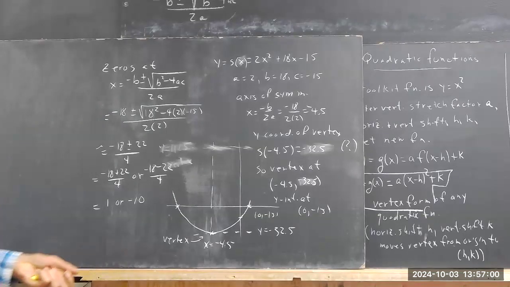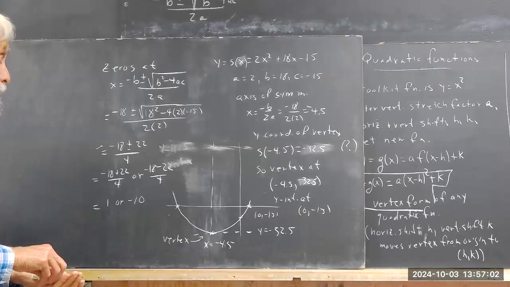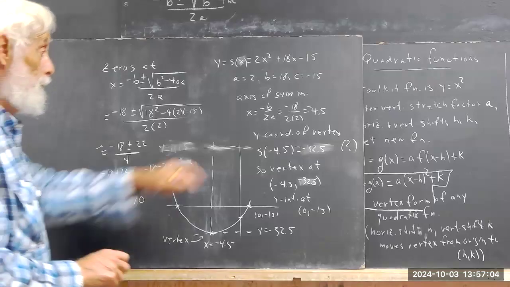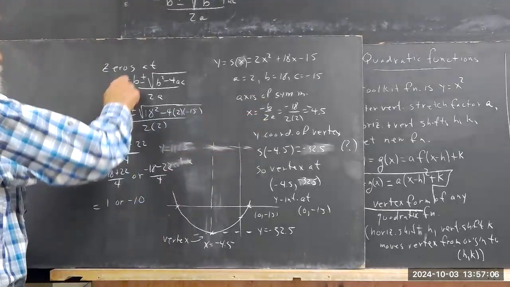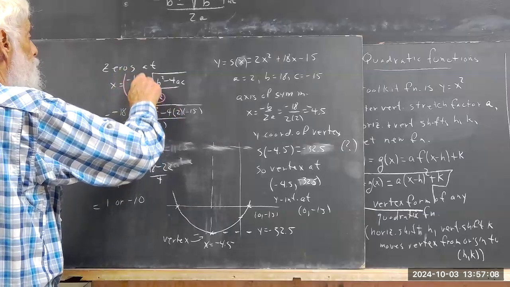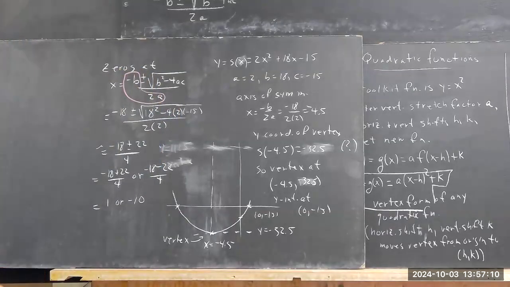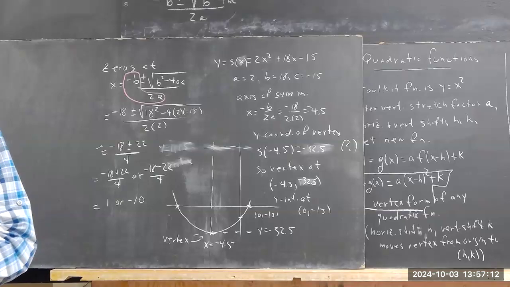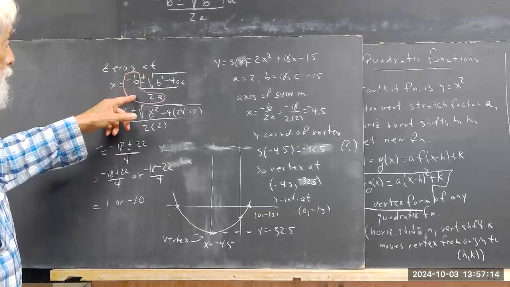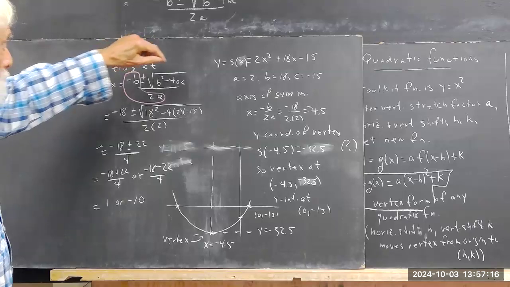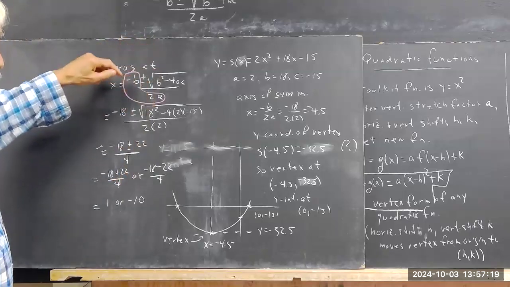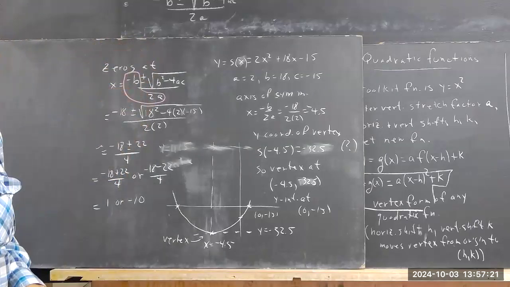And there it is. And the last thing I want to tell you is, how do you get the vertex? Negative b over 2a. Right there in the quadratic formula, it's not something separate. Negative b over 2a is halfway between negative b plus this thing over 2a and negative b minus this thing over 2a.